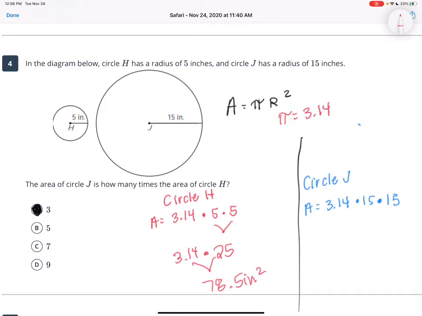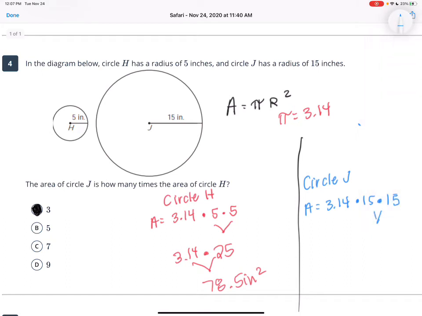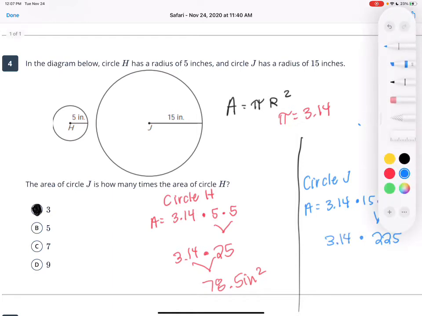And then for circle J, I have 15 times 15, which is 225, times 3.14. Hold on, guys, I'm trying to make sure I erase some stuff. Then I'm going to multiply those two numbers together.